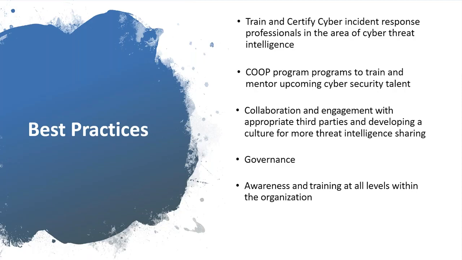Third one, which is probably one of the most important ones, is collaboration and engagement with appropriate third parties and developing a culture for threat intelligence sharing. That's something which organizations need to do. I'll pick on Canada again and the research and education space. In Canada, especially in higher education, we share a lot, we collaborate a lot, be it information about cyber threats, a job description, or any ideas.